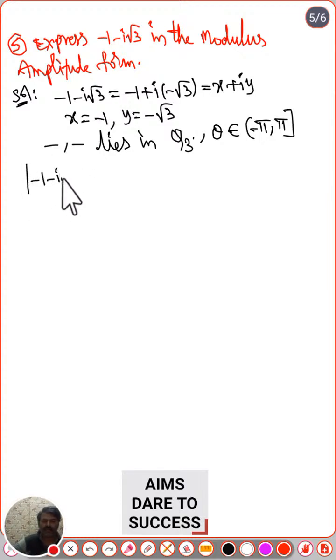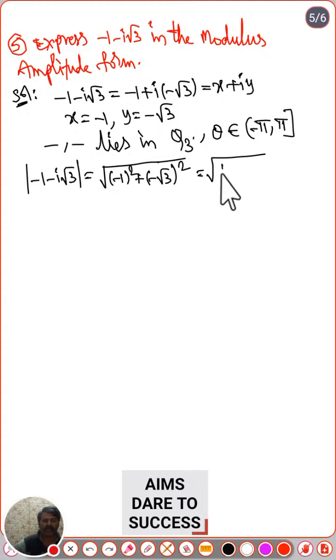Modulus of minus 1 minus i root 3 is equal to root over minus 1 whole square plus imaginary value minus root 3 whole square. So minus 1 whole square is 1, plus minus root 3 whole square is 3. Root over 1 plus 3 is 4.